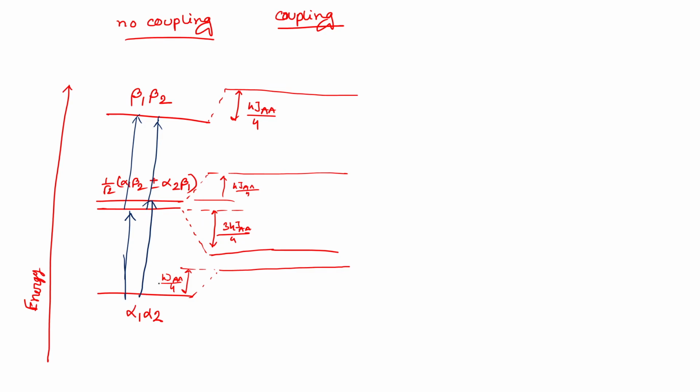But let me give you the energy balance. This is your E4 dash, 3 dash, 2 dash, 1 dash. So the new energy gaps are now E4 dash minus E3 dash.